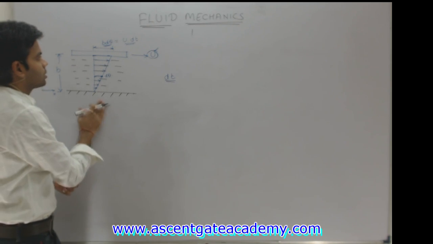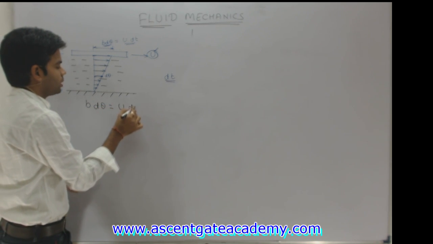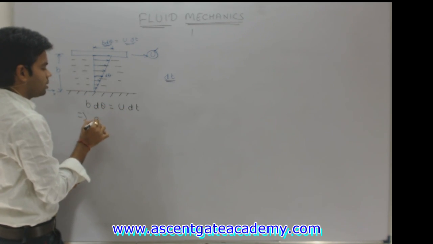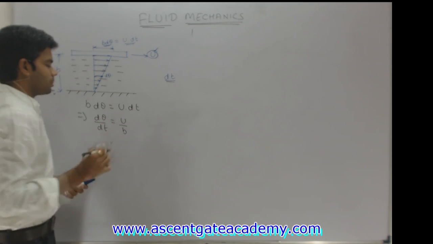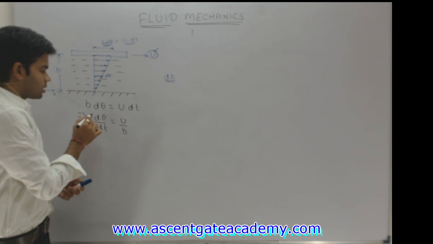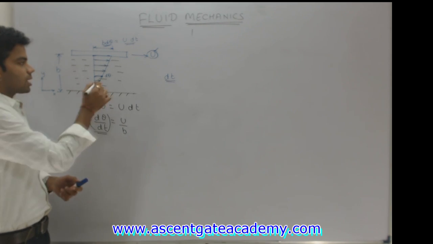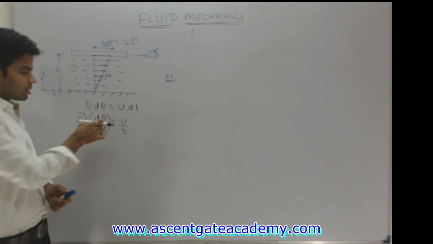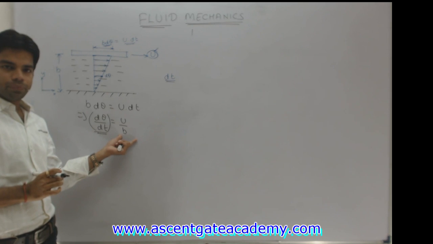Now b into d theta is equal to u into dt, or d theta by dt is equal to u by b. What is this d theta by dt? If this angle is theta, this is nothing but the rate of shear strain, equal to u by b.